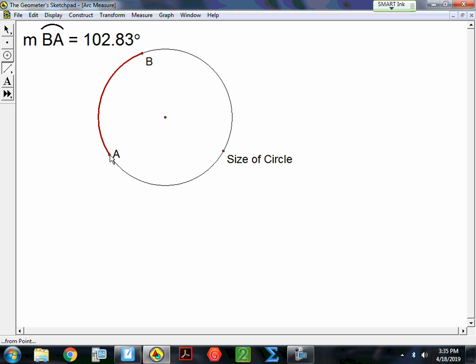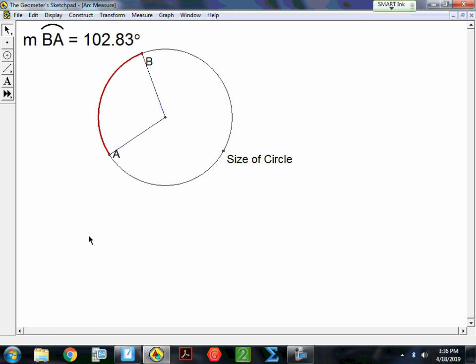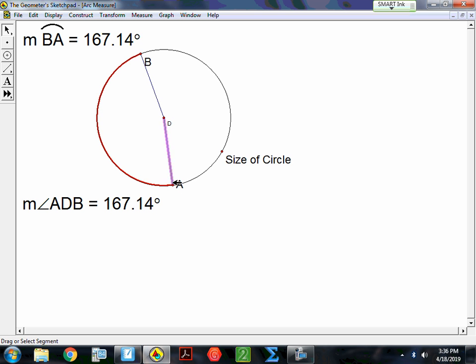One thing that I can do is create an angle here and find the measure of that angle. Notice that that angle, 102.83, is the same as the measure of the arc. As I change the angle measure to 167, my arc measure is also 167.